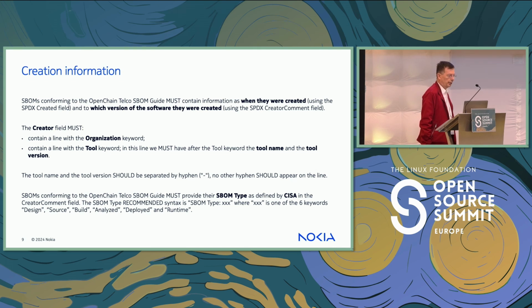We also require to have information about who created the SBOM, so both the organization and also the tool that created the SBOM with a tool name and a tool version. And as I said in the previous slide, we require the SBOM type from CISA.